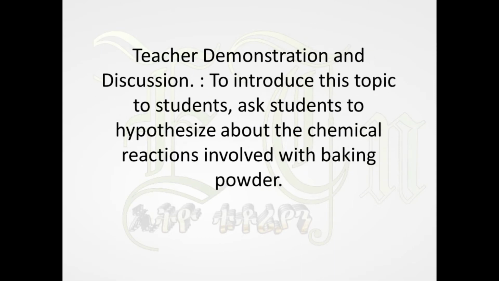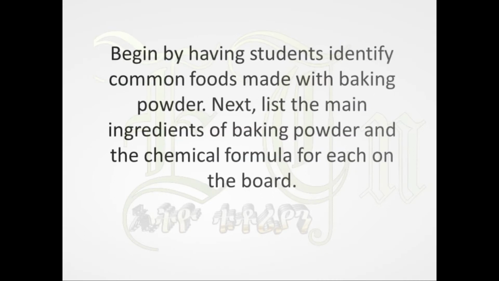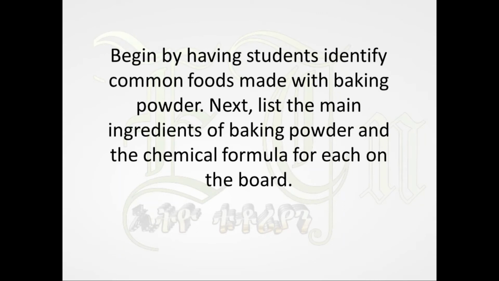Teacher demonstration and discussion. To introduce this topic to students, ask students to hypothesize about the chemical reactions involved with baking powder. Begin by having students identify common foods made with baking powder. Next, list the main ingredients of baking powder and the chemical formula for each on the board.